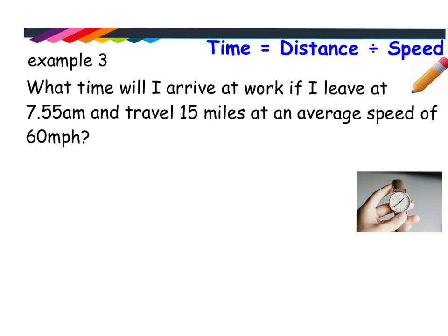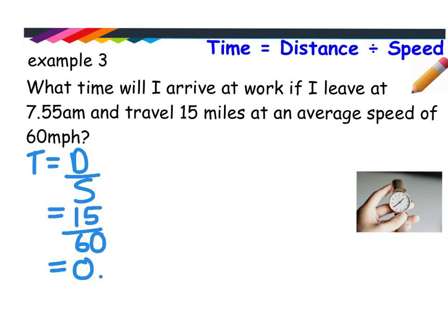And the last example, I am asking what time will I arrive at work if I leave at 7:55 and travel for 15 miles at a speed of 60 miles per hour. Let's work out what our time will be for the journey first of all. Time equals distance divided by speed. My distance is 15 miles to work and my speed is 60. So if you do 15 divided by 60 on your calculator, it will come out with 0.25.